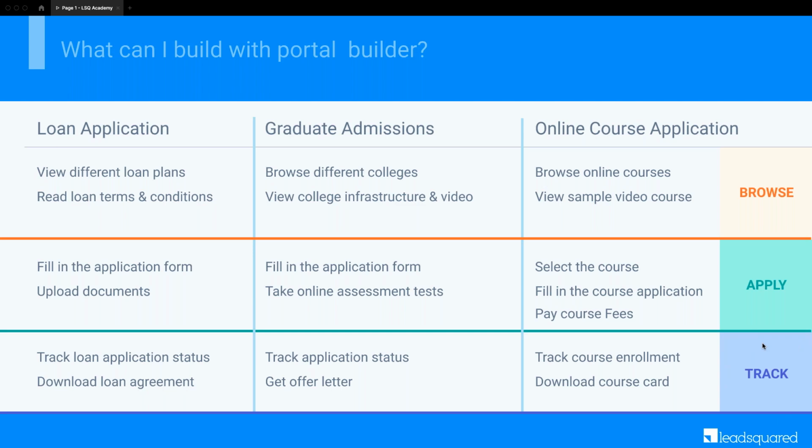So any business use case that follows this three-step process, which is browse, apply, and track, would be supported by our portal designer, and you can start building your own portal with it. So now we have covered our use cases.